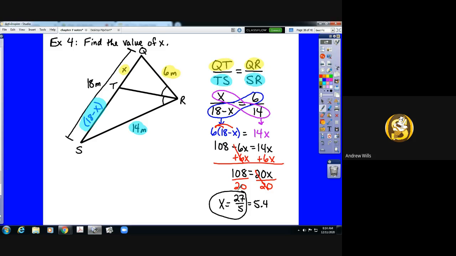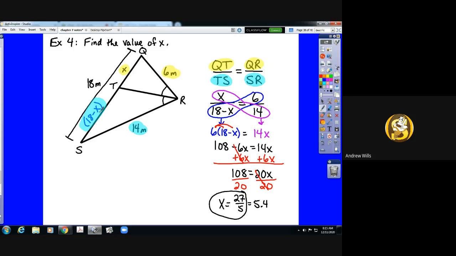All right, so some of us are going straight to the decimal, which I guess is okay, but not great. I'd prefer the fraction again. Good. 63/5 or 12.6. So once we have x, we could take that x and plug it in to find these lengths. Good job. 63/5, which is equivalent to 12.6 meters.